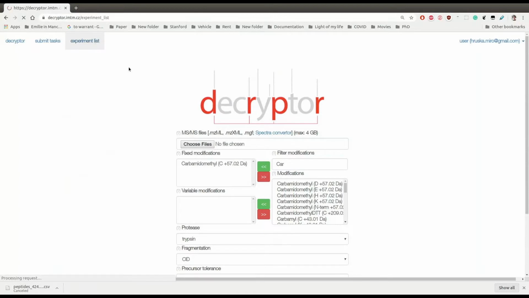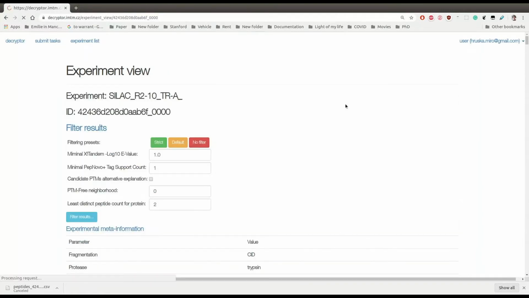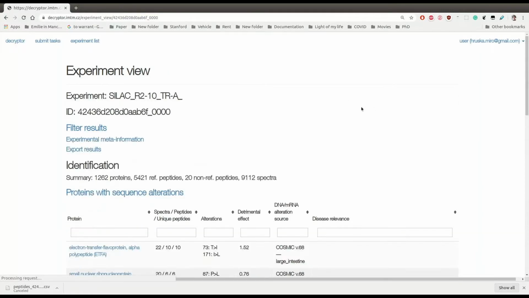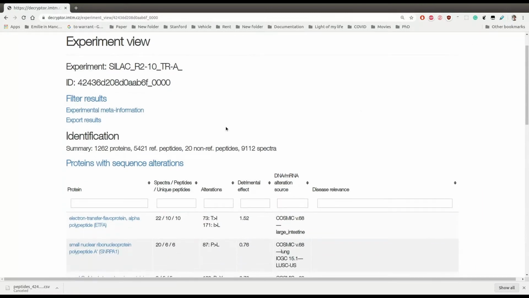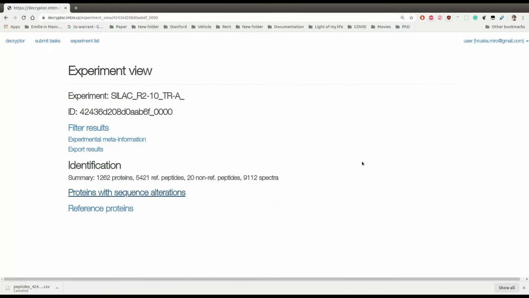So then I'll open the experiment list. This is just my list of experiments which I was doing, and I will open the last one. While it loads, you get the overall view of the experiment. For simplicity, I will close this view of the sequence alterations.